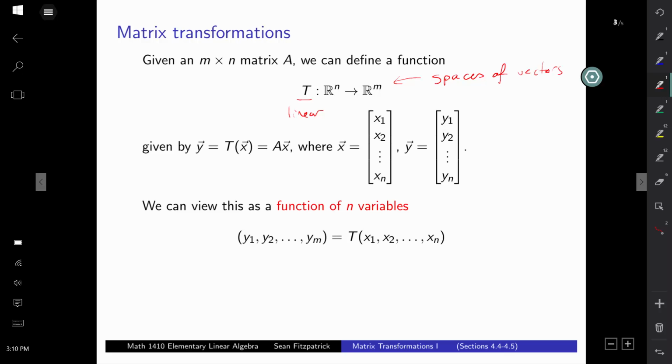For every vector in Rn, it multiplies by the matrix A, giving us a vector in Rm. I should be careful here. This should be an m in that last entry. As we said, we can think of this as a function of several variables, or as several functions of several variables, one for each of the y coordinates. Each of the y coordinates is defined as a function of the x coordinates.